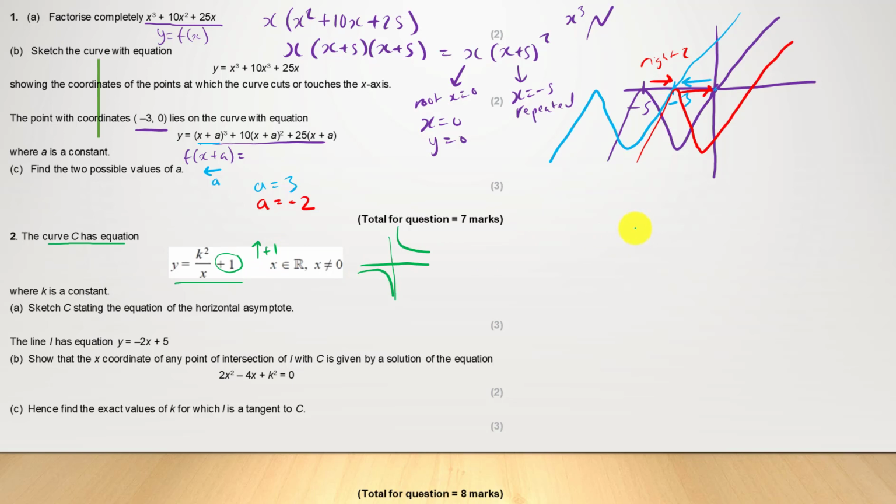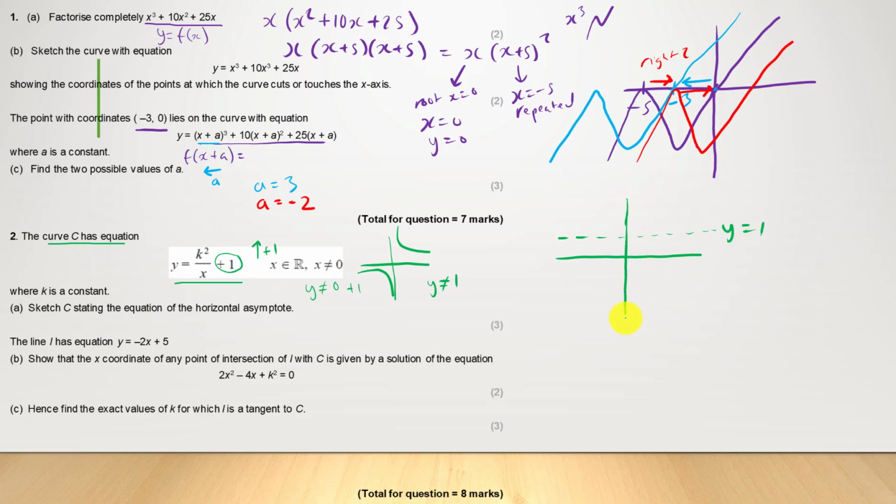So we just need to re-sketch that. The vertical asymptote, which was x doesn't equal 0, doesn't change. The horizontal asymptote, y doesn't equal 0, has moved up plus 1, so now it's going to be y doesn't equal 1. So let's do that as a dotted line. Label it y equals 1.